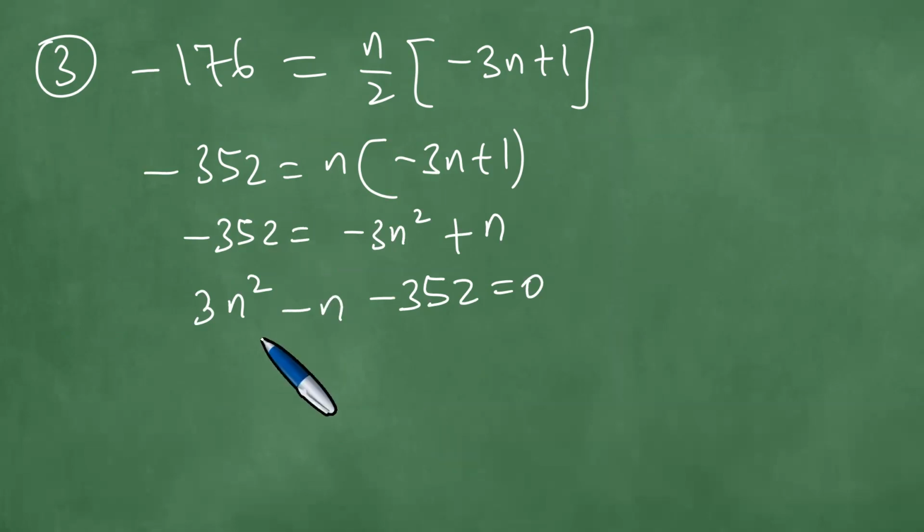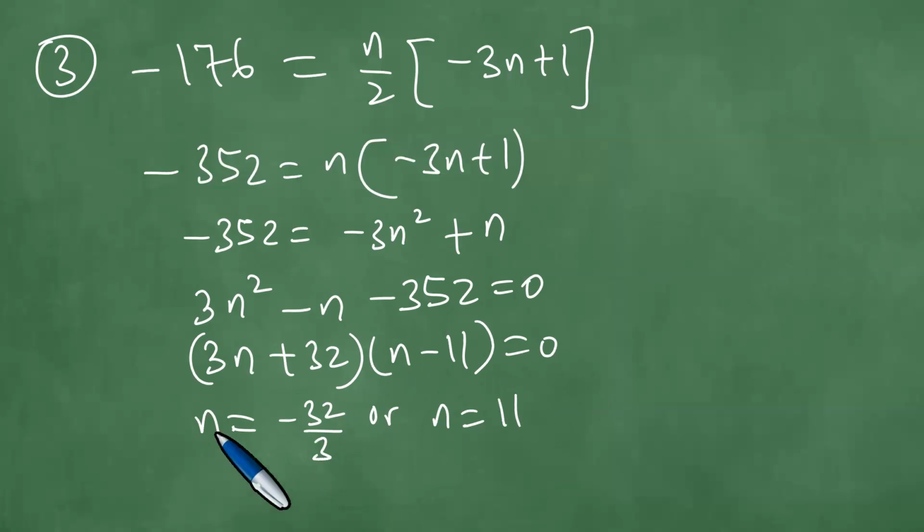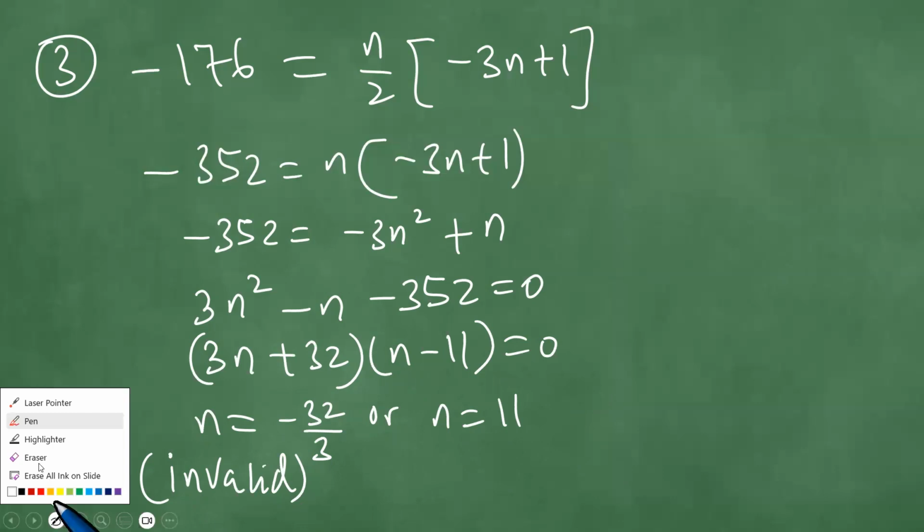Right, so what this is here is 3n plus 32 and also n minus 11, which means n equals minus 32 over 3, or n equals 11. This one here is invalid. And therefore, this is the only answer.